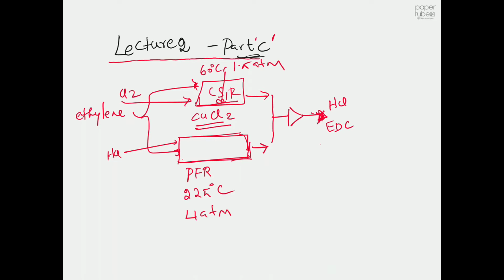Sometimes we might end up with some unreacted product like ethylene, and sometimes we may even have trichloroethane. And then I also mentioned how we are going to separate. I showed you what they will do in the industries in order to purify ethylene dichloride.